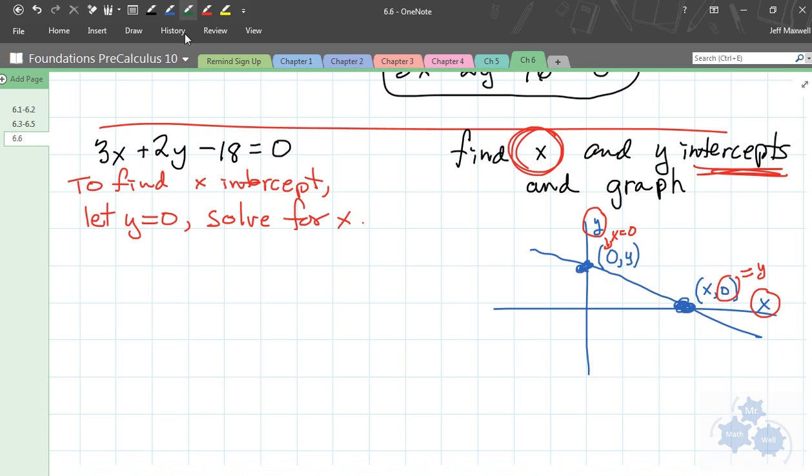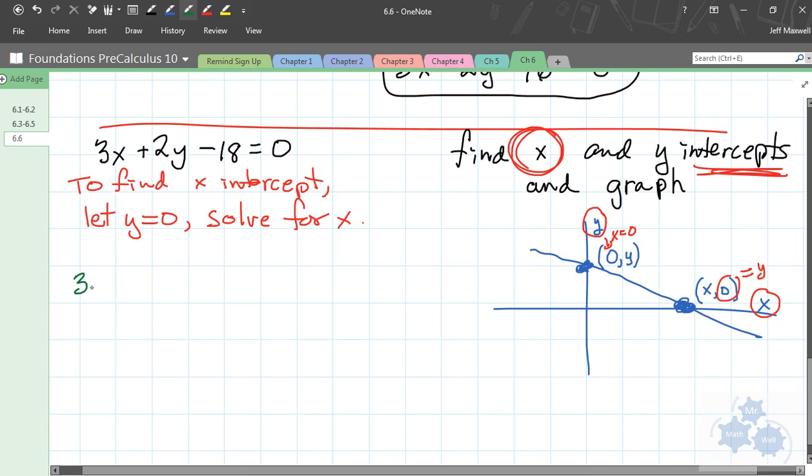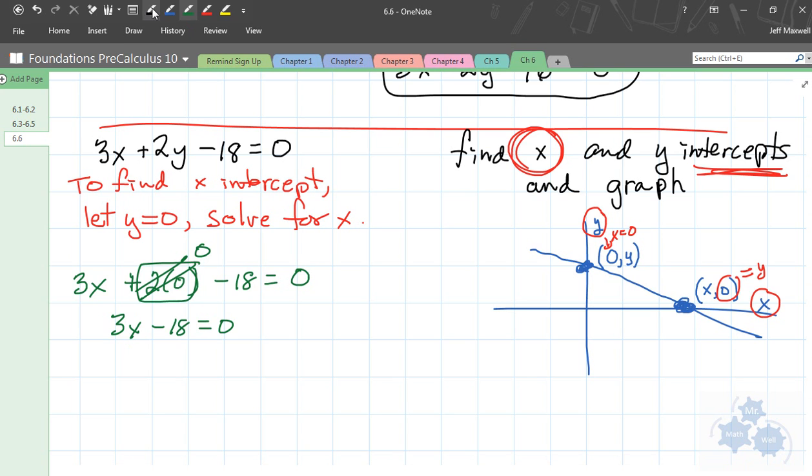So let's do that real quick. Alright, so x is going to stay as x because we're going to solve for it, but y is going to become 0. Now when you have 2 times 0, that is 0. So this really becomes 3x minus 18 equals 0. I want to solve for x, so I get everything away from x.